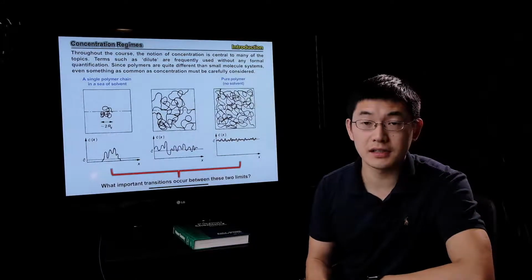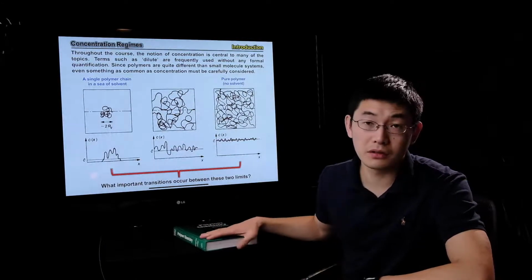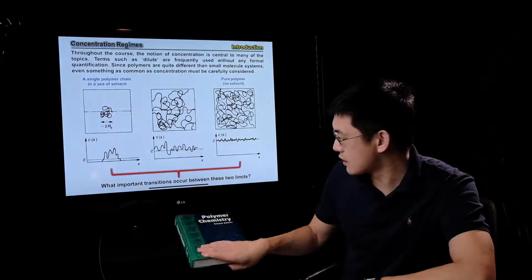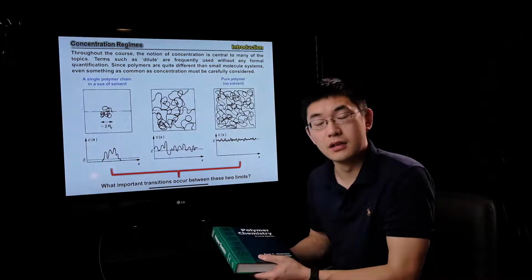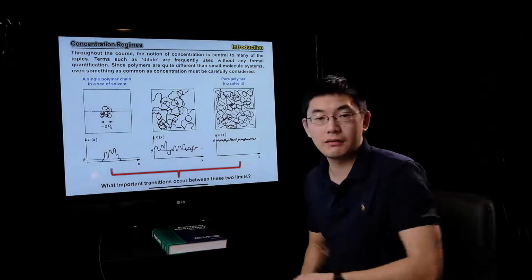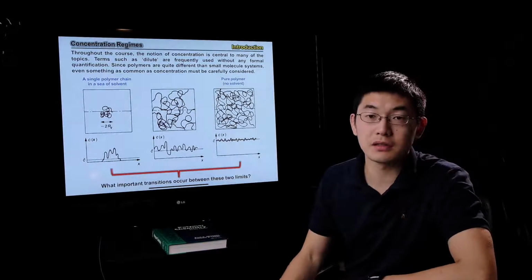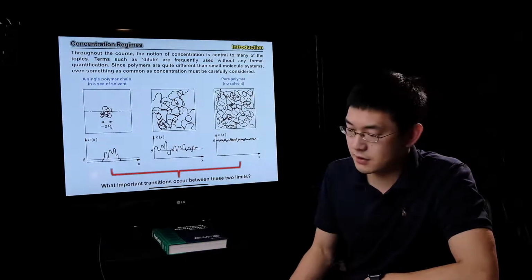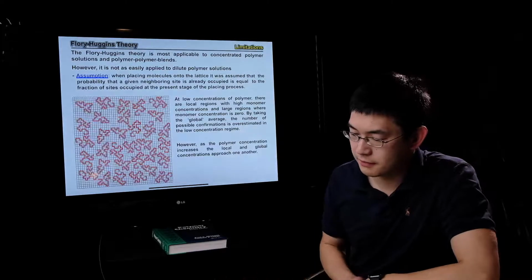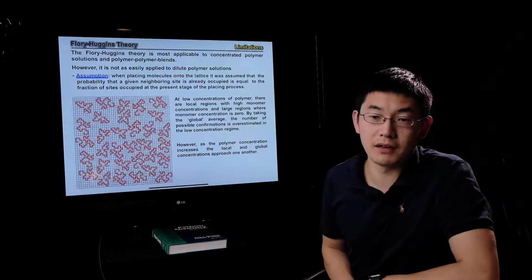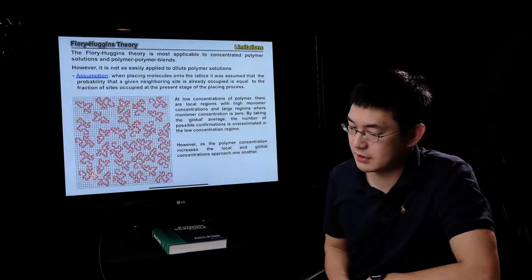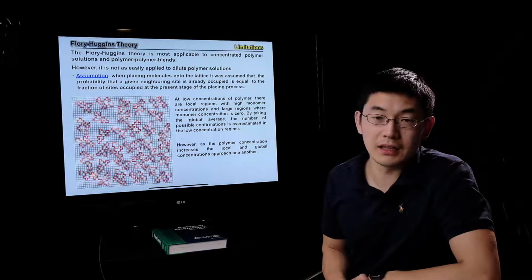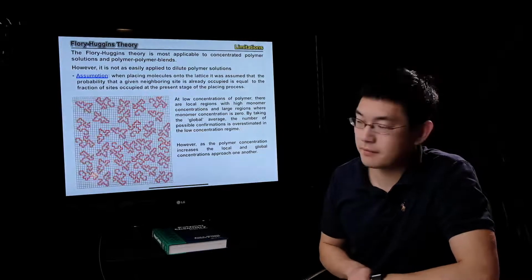This is not discussed in the textbook, so you are not necessarily able to find it in the polymer chemistry book, but it's covered in other textbooks. It talks about what happens if the solution is more concentrated. So it sits in between the very dilute case and the melt case, and we're going to spend a lecture or two discussing it.